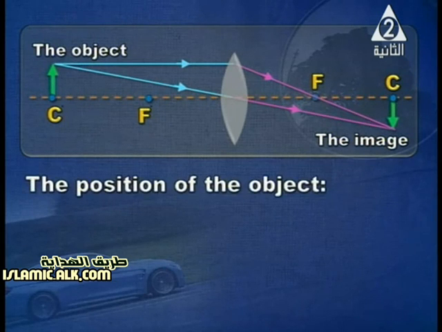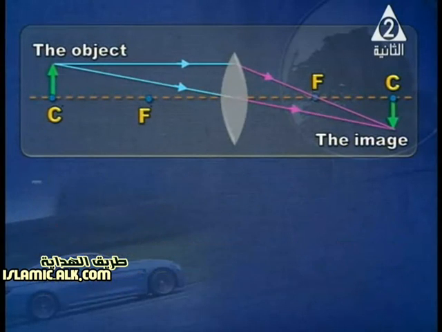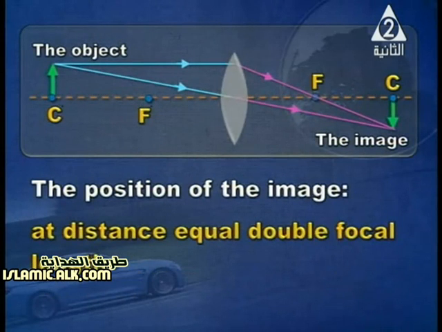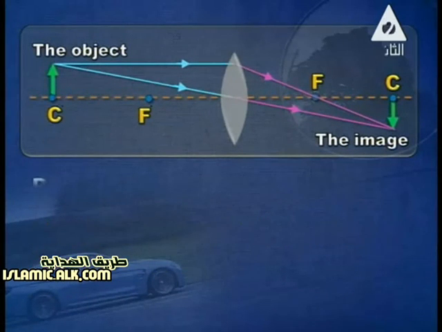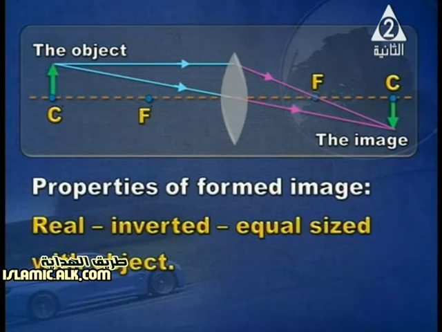The position of the object is at a distance equal to the radius, or at the center of curvature, or at a distance equal to double the focal length. The position of the image is at a distance equal to double the focal length. What are the properties of this image? As we see, it is real, inverted, and equal in size to the object.